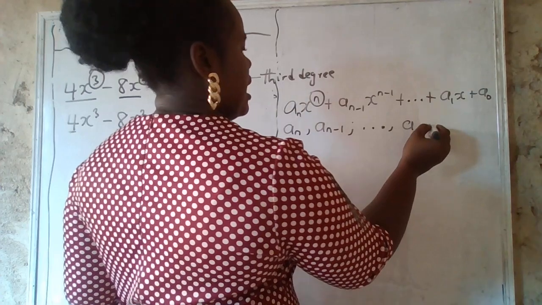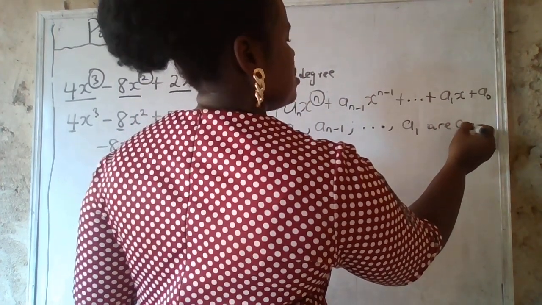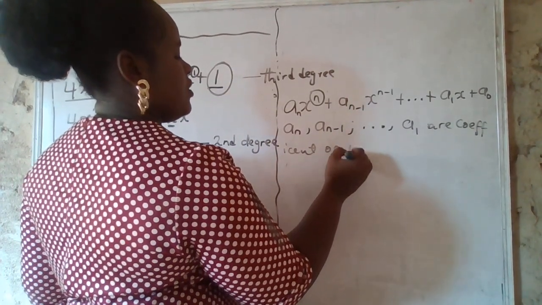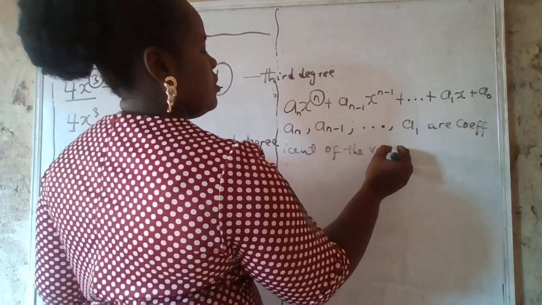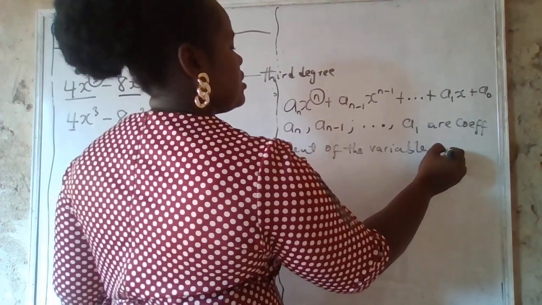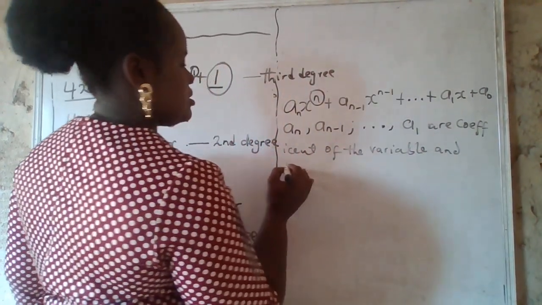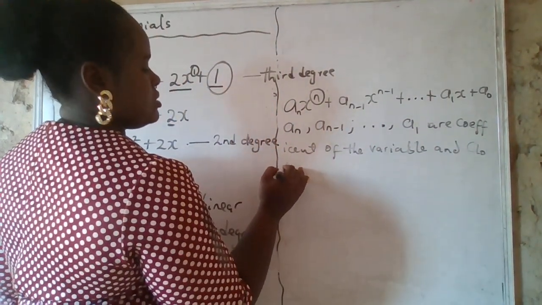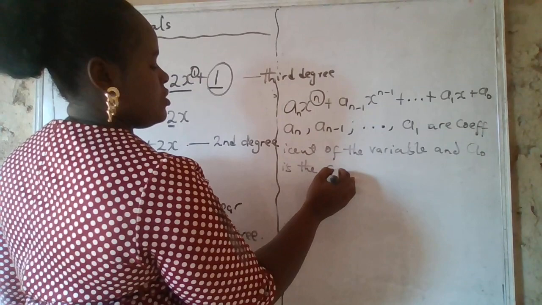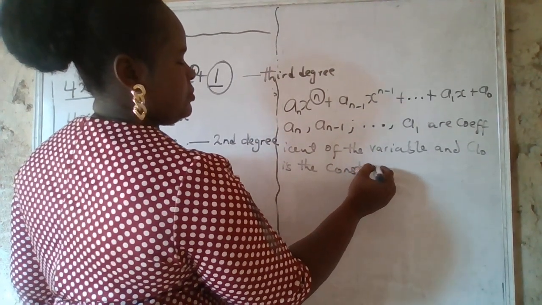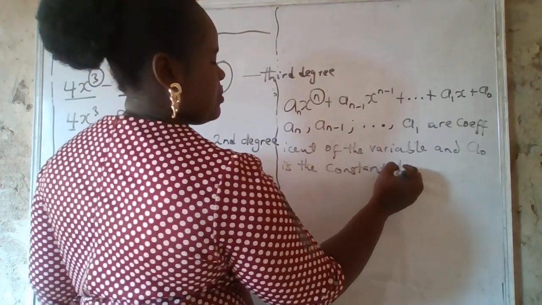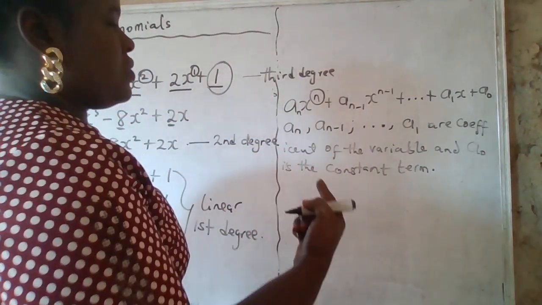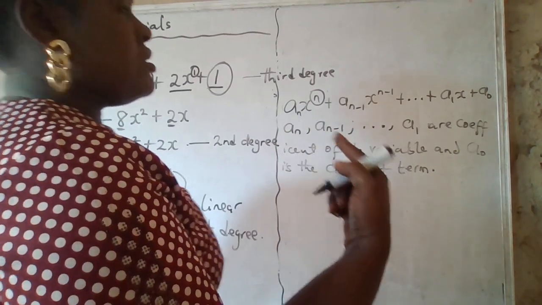a_1 and the others are the coefficients of the variables, and a_0 is the constant term, where we say that this constant may be 0, and the coefficient may also be 0.